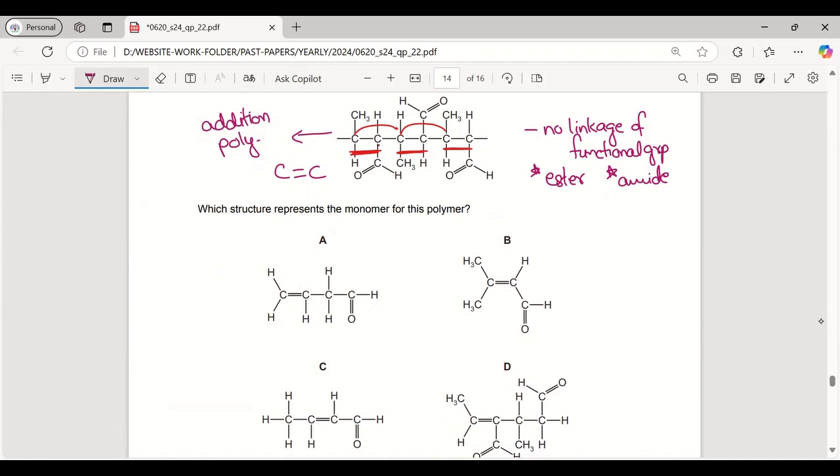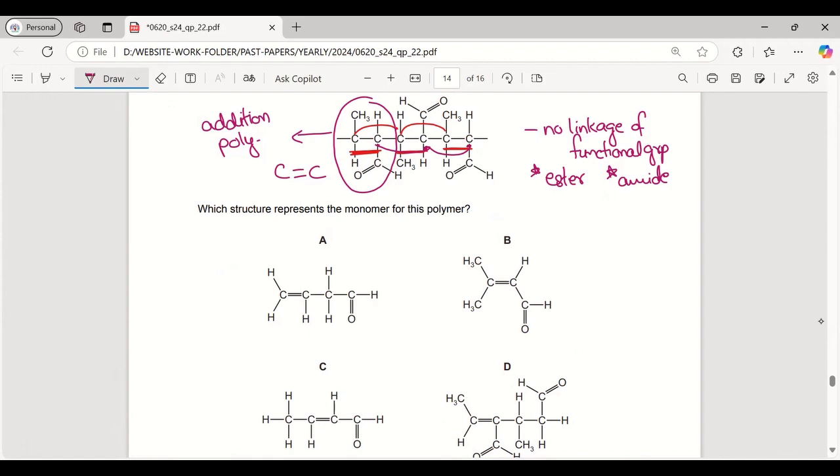The same thing is attached with this carbon, H and COH. The same thing is attached with this carbon, H and COH. So it means this thing is repeating itself. So we have to see the same structure as a monomer with the double bond between the two carbons.